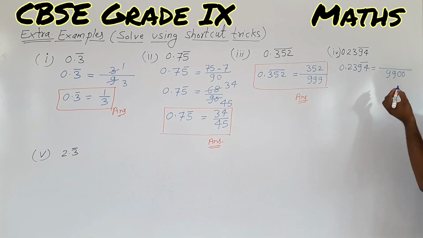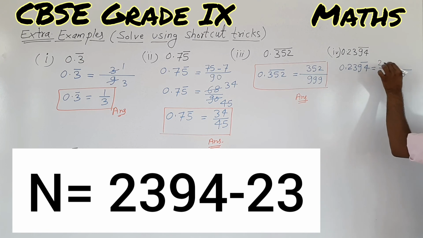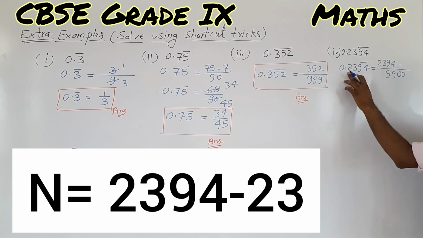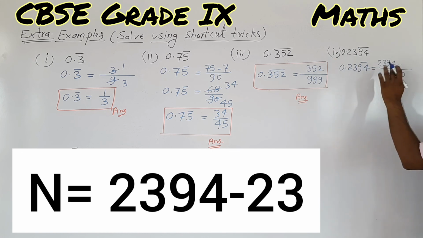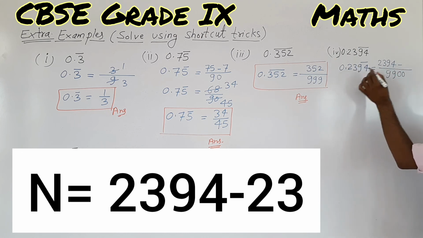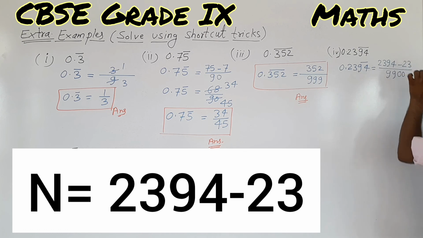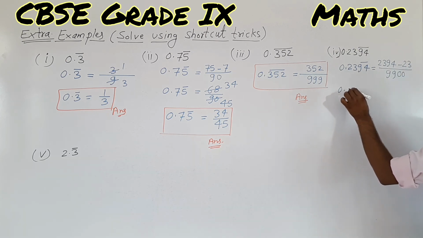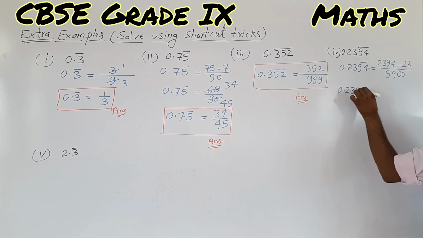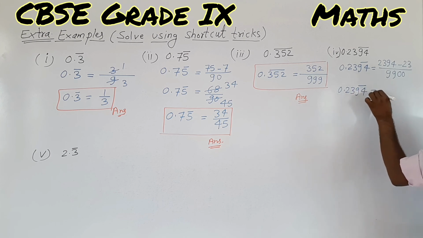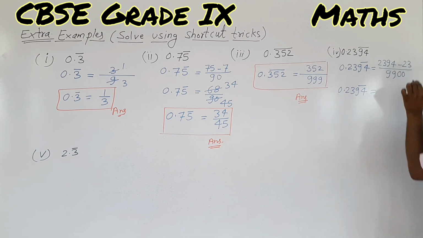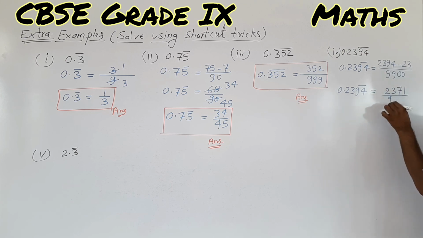And in numerator you write this number 2394 minus the non-recurring digits, you subtract it. 23 is not recurring, means minus 23. This will be equal to 0.2394 bar equal to 4 minus 3 is 1, 9 minus 2 is 7, 3 2 upon 9900. This is answer.